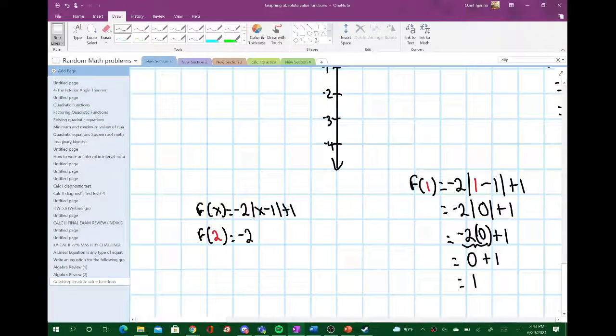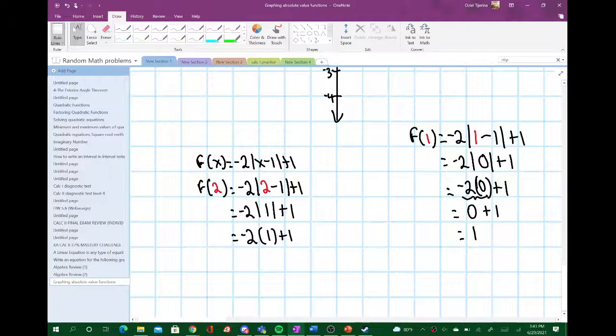Is equal to negative 2 times the absolute value of 2 minus 1 plus 1. This will be negative 2 times the absolute value, and I'm going to say 2 minus 1, that's just 1, plus 1, right? This is equal to negative 2 times 1 plus 1, which is really just negative 2.